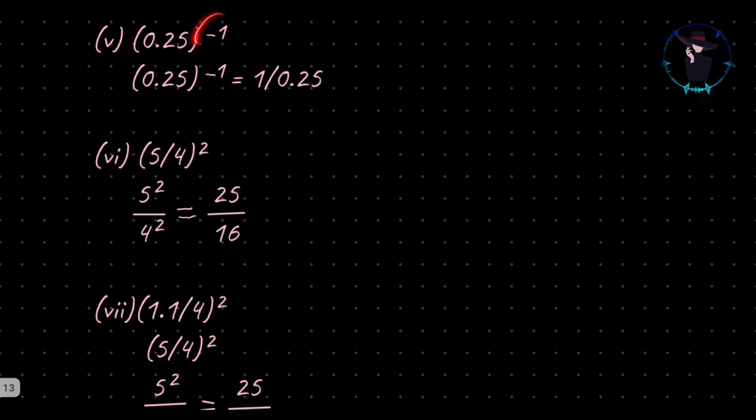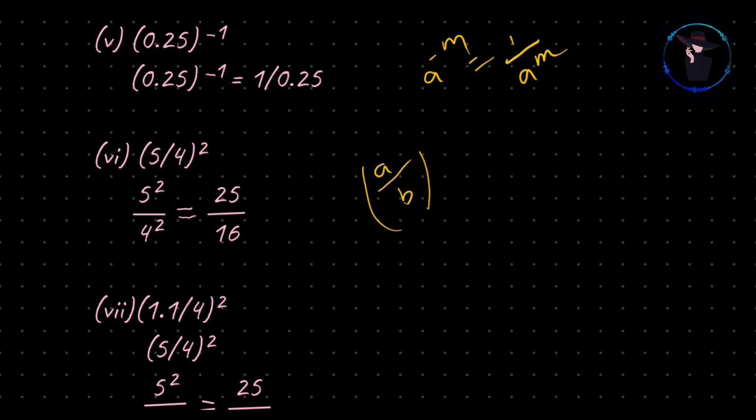Next, if something is in the power of minus, it goes in the reciprocal by the laws of exponentials. What we have seen, a^(-m) is equal to 1 by a^m, right? If there is a whole power, then we need to open the powers by the laws of exponentials again, which is in the form of (a/b)^m, which is equal to a^m by b^m.